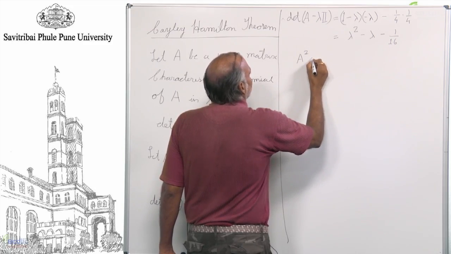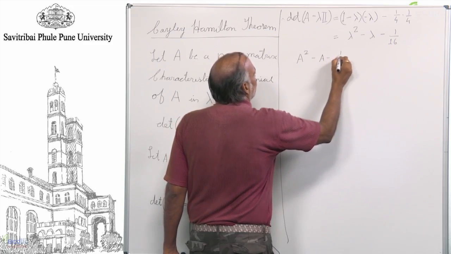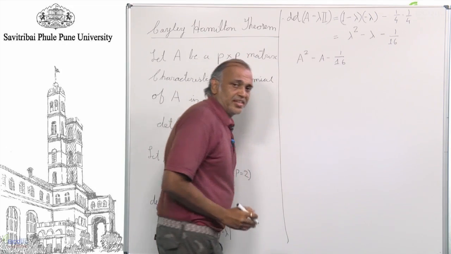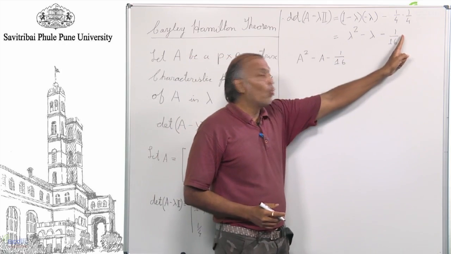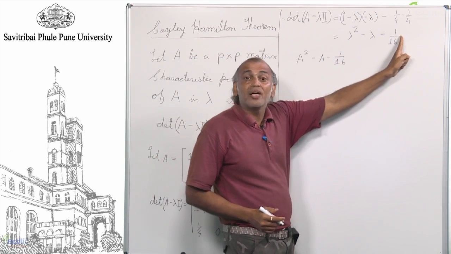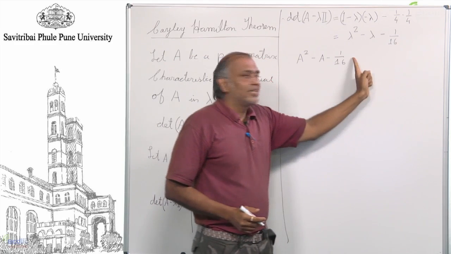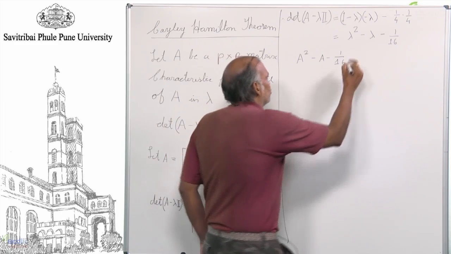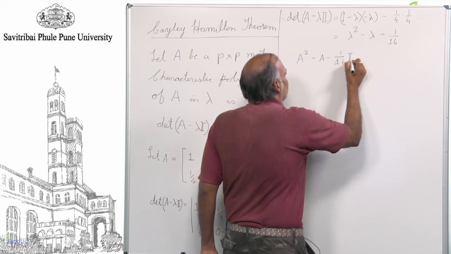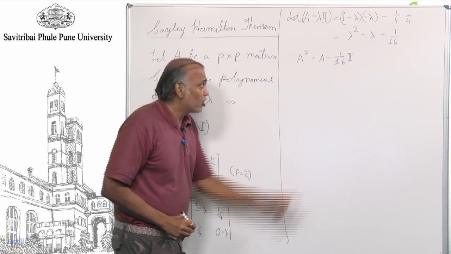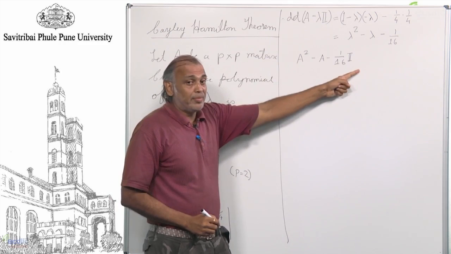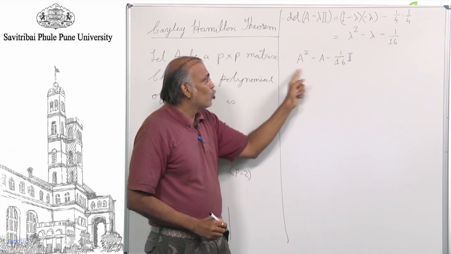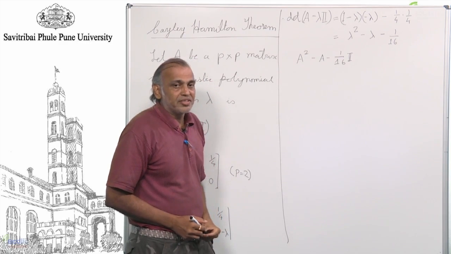A squared minus A minus 1 upon 16, and since I don't have anything here, I earlier had 1 there, or lambda to the power 0 here, I would say I have A to the power 0, and A to the power 0 is the identity matrix. So let me put the identity matrix here. This is what would result. Of course, this itself is a matrix, P by P. This is a P by P matrix, so is this, and so is this. So this whole thing would evaluate to a P by P matrix.